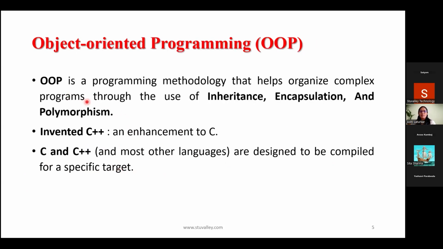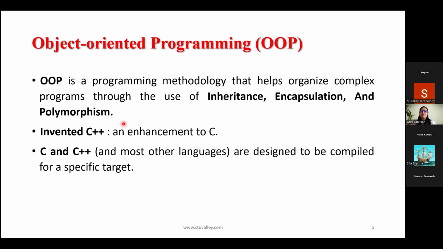So these programming principles, or these programming methodologies, help organize complex programs through the use of 4 pillars basically in Java, but here I have mentioned only 3 because these are what was added into C++. So inheritance, encapsulation, and polymorphism.